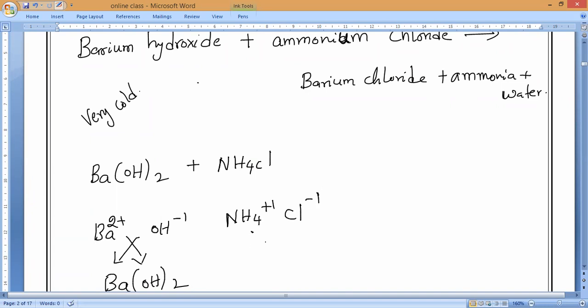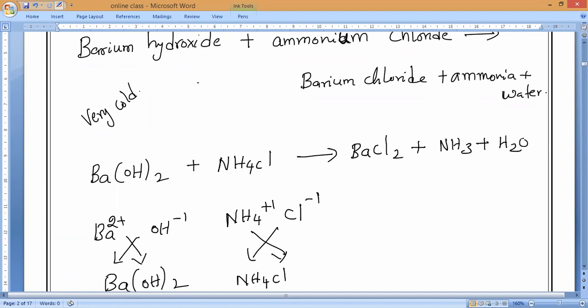Cl minus 1. So if you crisscross, what will come? NH4Cl. So it gives you barium chloride, BaCl2, plus ammonia NH3, plus water H2O. Now BaCl2, Ba2 plus Cl minus 1, so that we can exchange, it will get BaCl2. Ammonia and H2O, no issues.